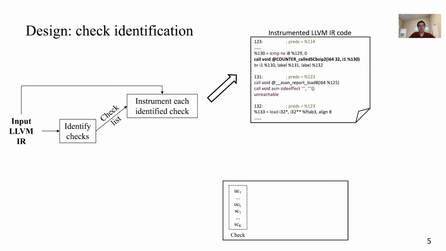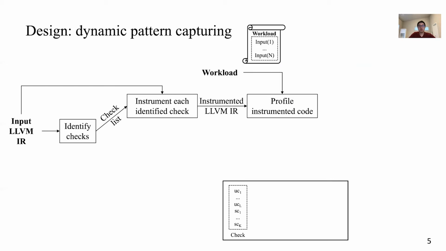It then instruments each check to record code coverage patterns of each check. Next, it selects a suitable workload and runs the instrumented program with this workload to gather code coverage for each check.